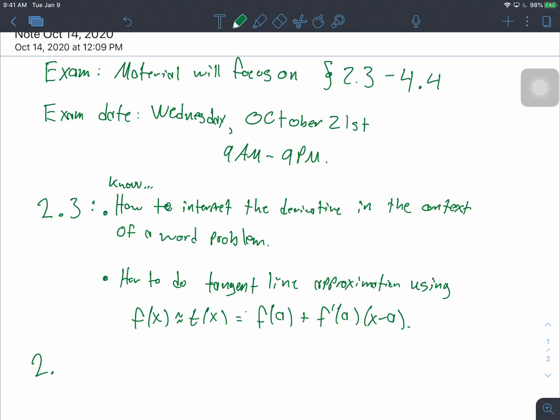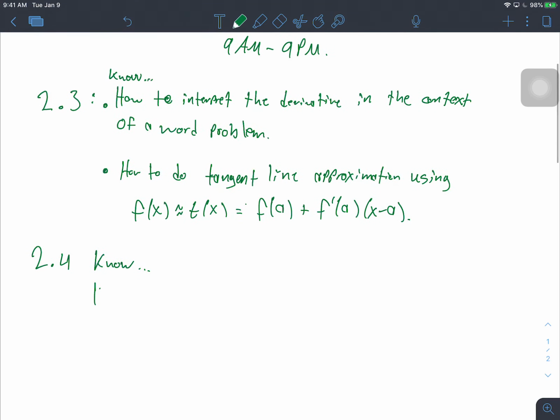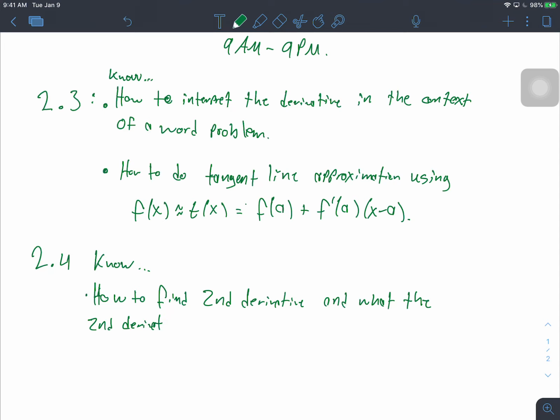Okay, 2.4. Know how to find the second derivative and what the second derivative can tell us about the first derivative and the original function.